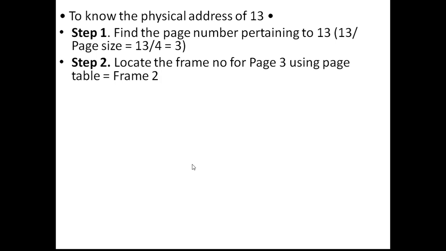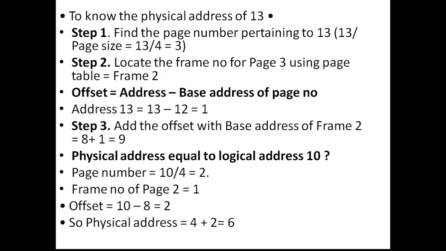So 4 plus 2 is the final answer. So the physical address equivalent to the logical address 10 is 6. You may also be asked this kind of question, and that is the idea of addressing under paging.